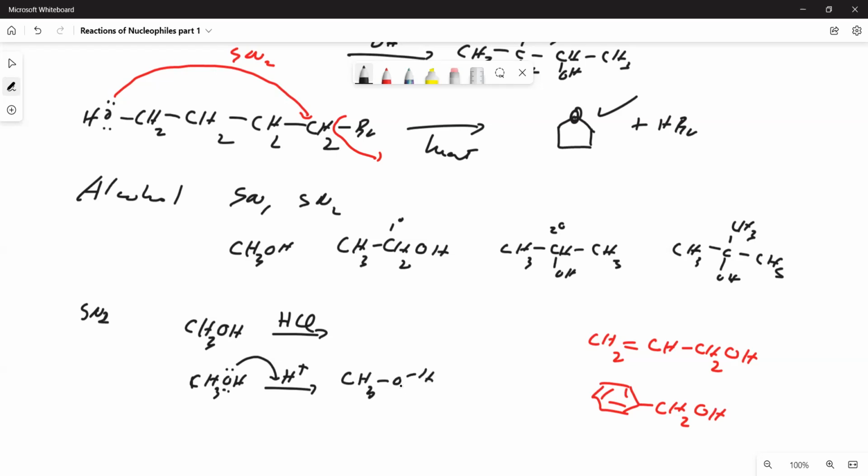So instead of OH, it is now water. So it can easily be replaced by the chloride. Okay, forming methyl chloride and water. There. Okay, so you have here methyl chloride and water.